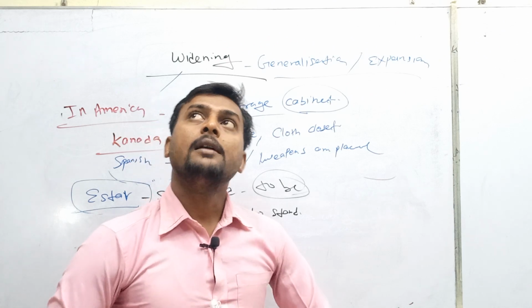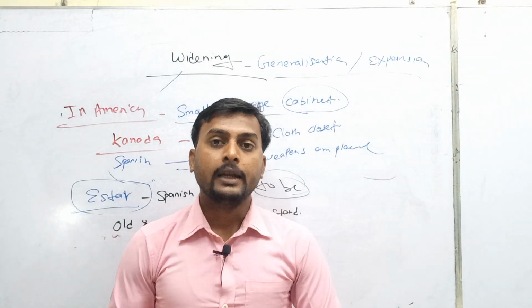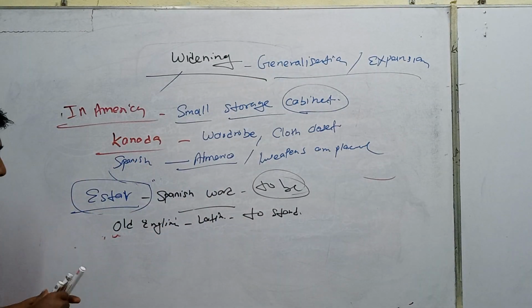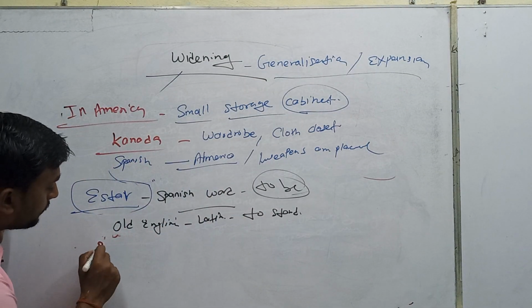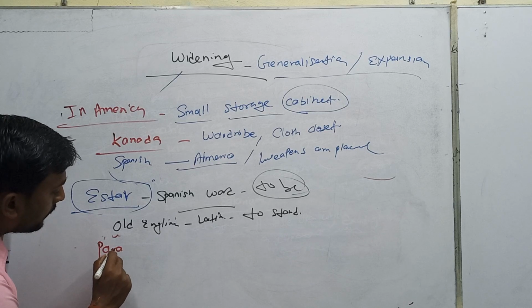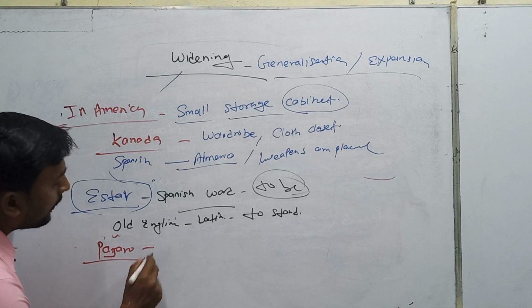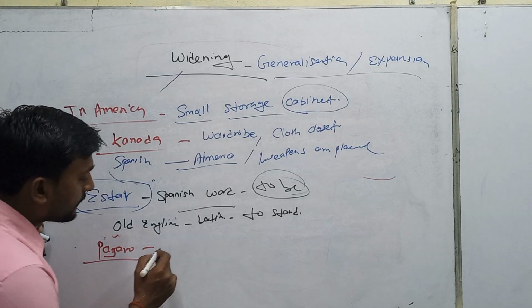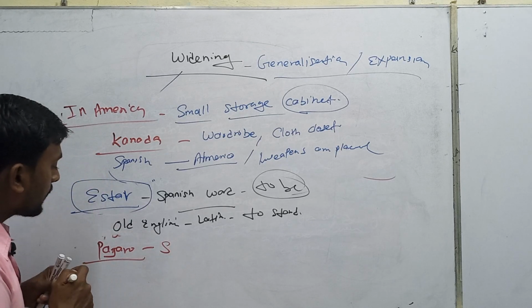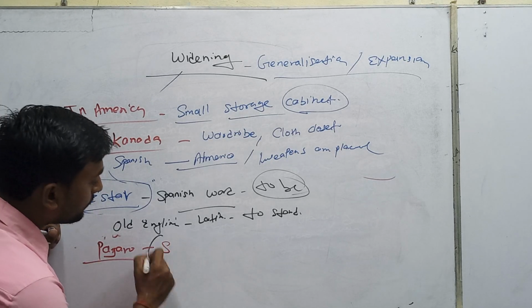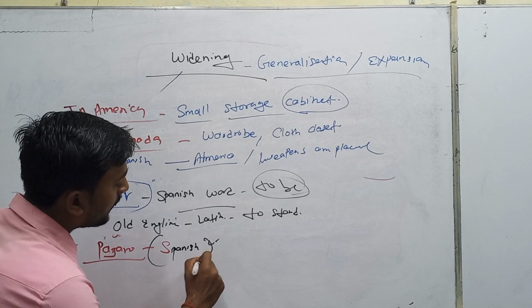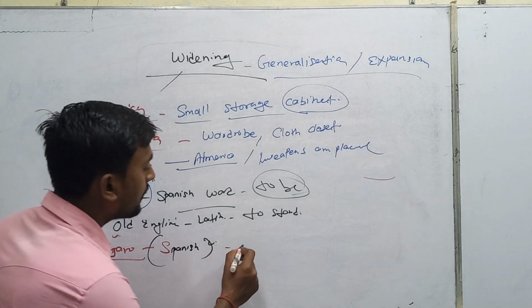Next, we take another example of widening, like Pajero. Pajero is a Spanish word, and it means bird.